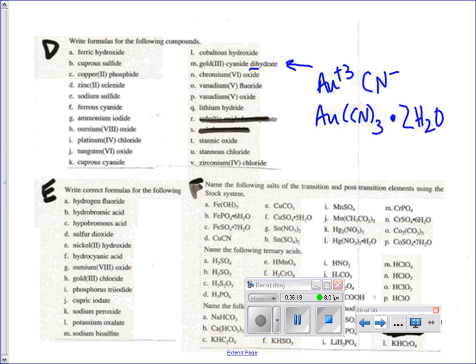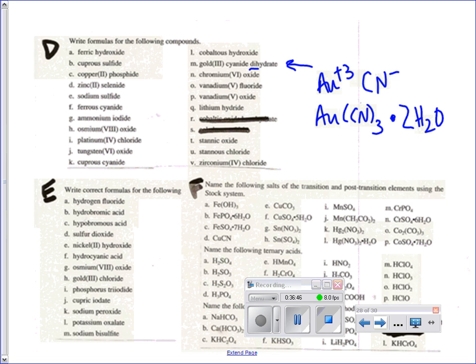Okay, the next one, N. Chromium. Where are we? Who's me? Matt. All right, Matthew. Cr. Are we on N? Yeah. Say that again. CrO3. Good. CrO3.